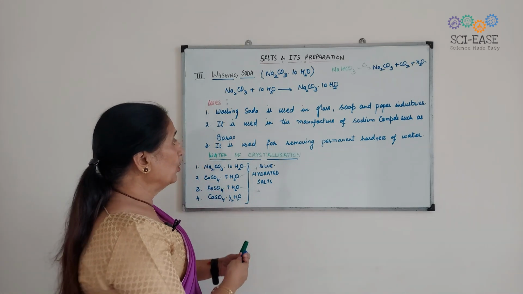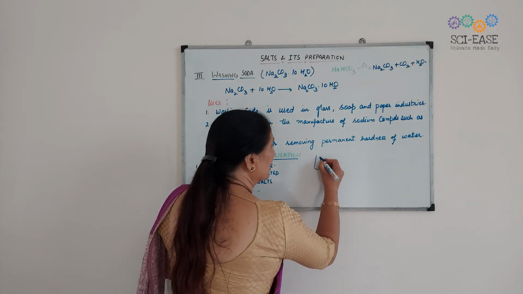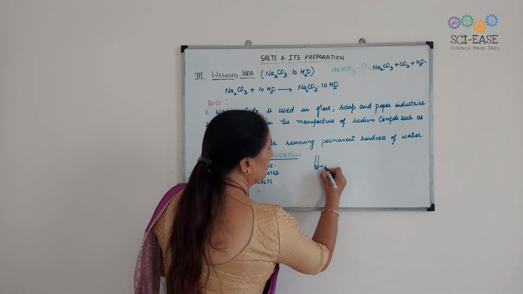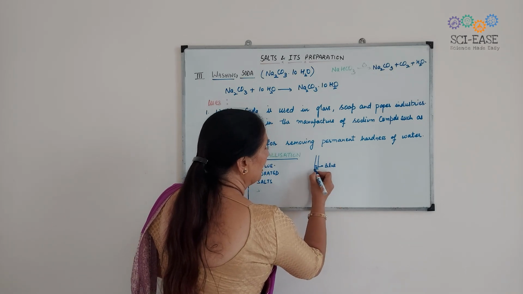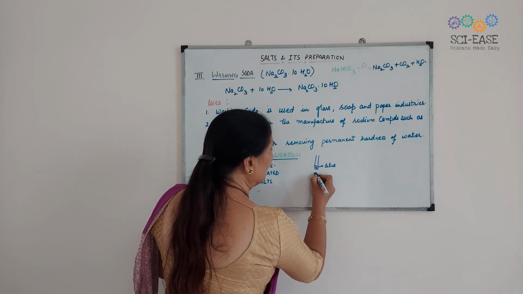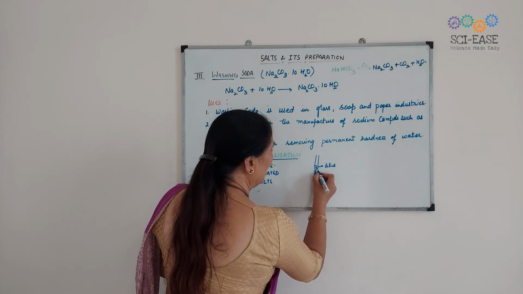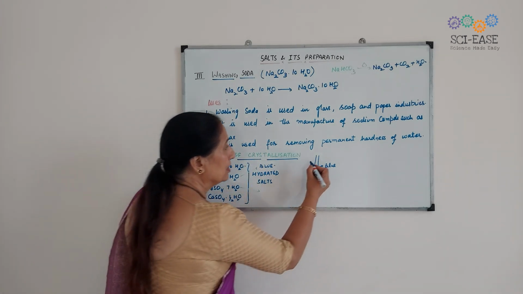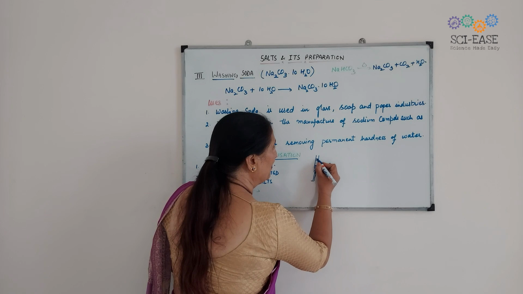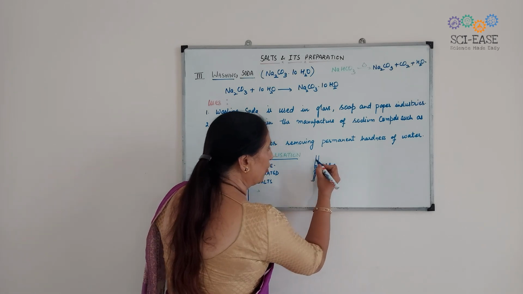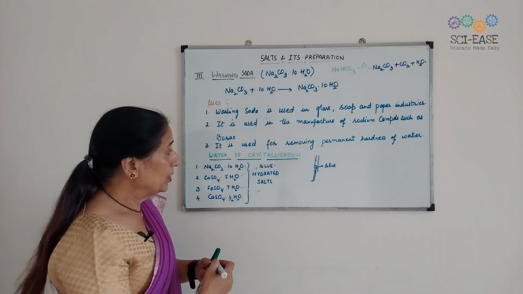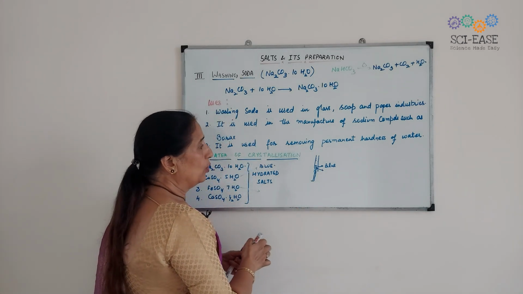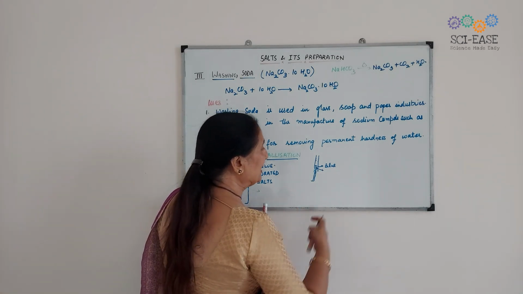So, when we take this copper sulfate, which is blue in color, and heat it, just a rough diagram I am making. When we heat it, what will be the result? The water droplets will be seen on the inner wall of the test tube, and the salt, which was blue in color, will now become white.